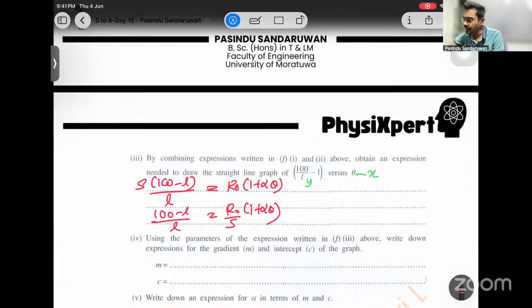Now, if you divide the numerator of the left hand side by L separately, that gives 100 over L minus L over L. Right.